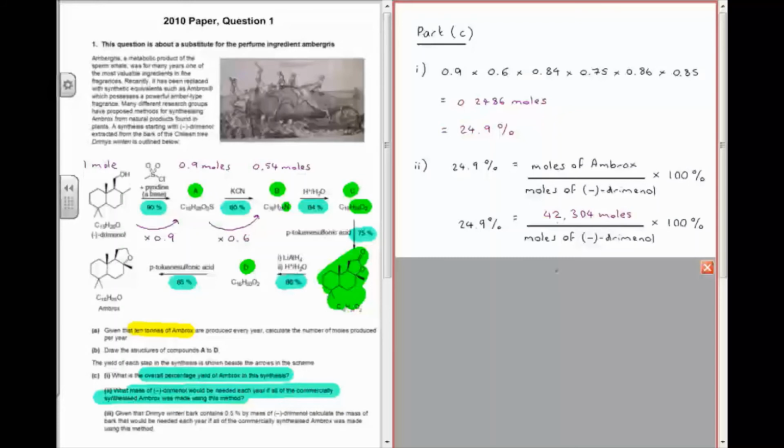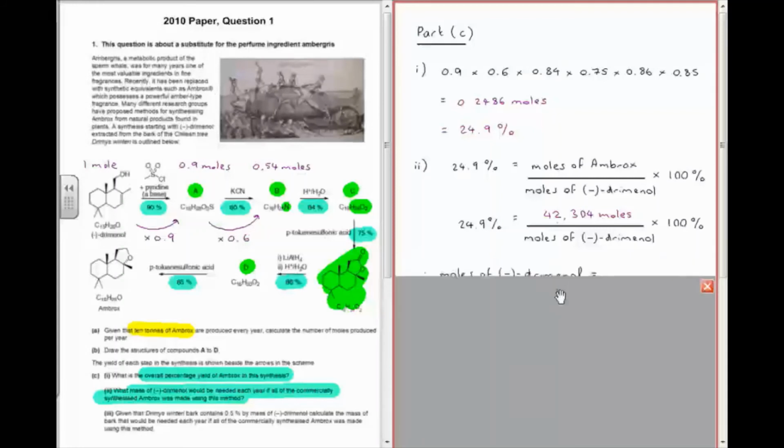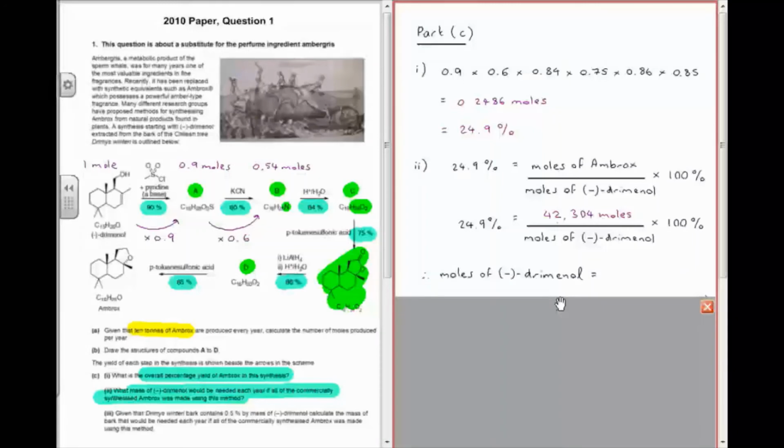So we can now rearrange that equation and do a relatively simple calculation to find that the number of moles of minus driminol needed to produce the 10 tonnes of ambrox which is produced per year is 170,109. And actually, if we think about that, 24.9% is approximately a quarter, and so we would expect the moles of minus driminol needed to be about 4 times the number of moles of ambrox.